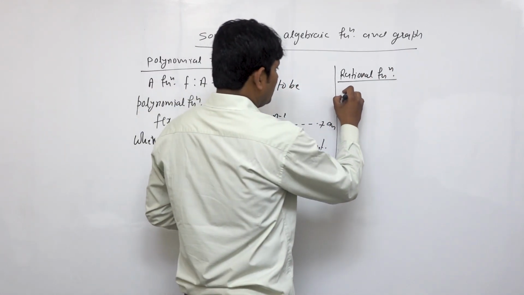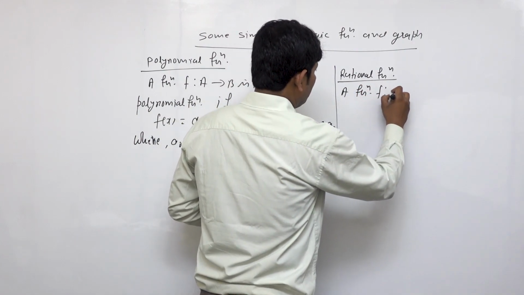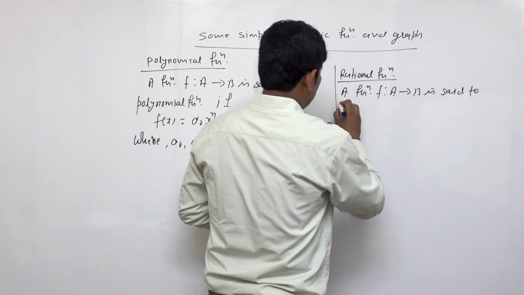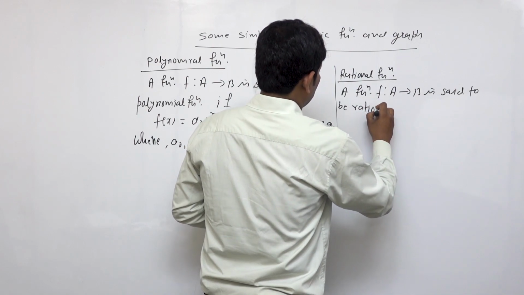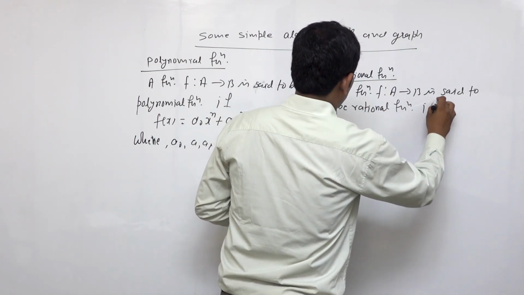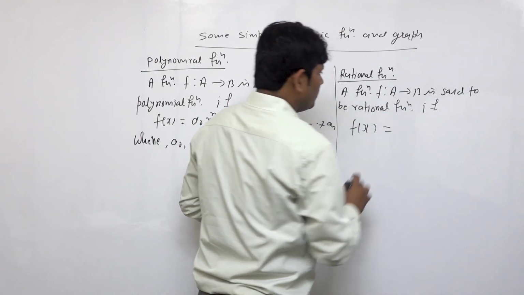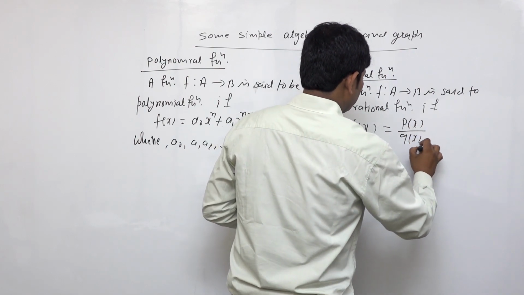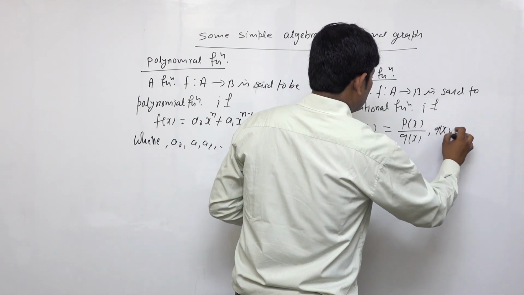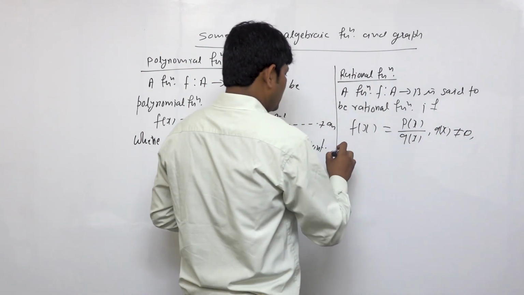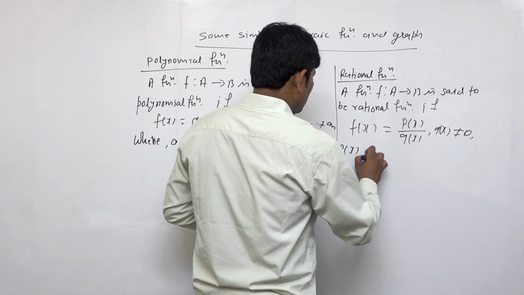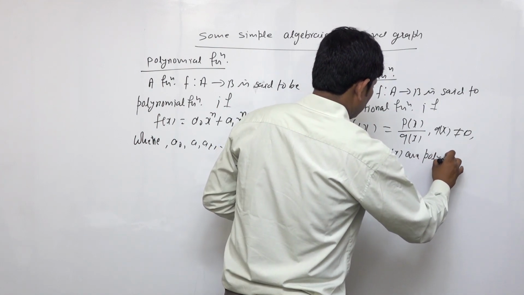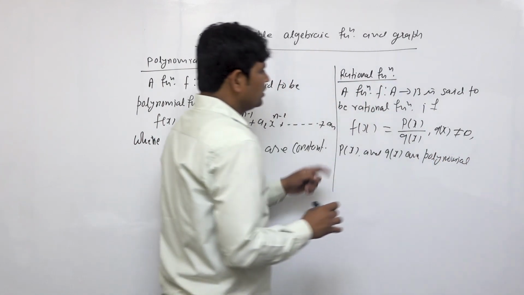A function f defined from a to b is said to be a rational function if f(x) is in the form of an algebraic fraction, p(x) over q(x), where q(x) is not equal to 0, and p(x) and q(x) are polynomials. This is called a rational function.